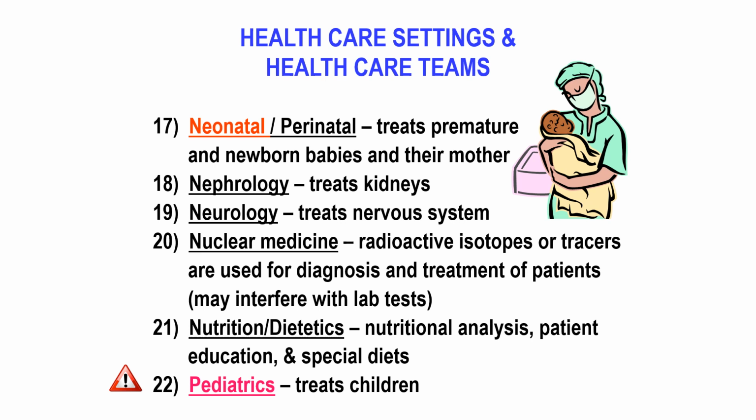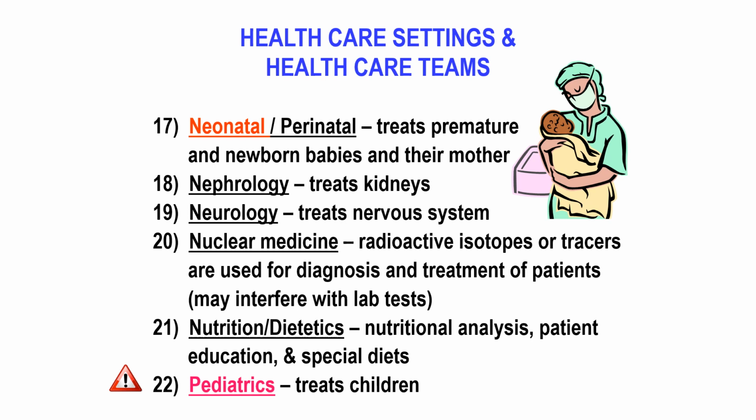Nuclear medicine, this is where they use radioactive isotopes and tracers. They're used for both diagnostics and treatment of patients. Again, though, because of these radioactive isotopes, these things can interfere with us getting the most accurate and reliable lab results, and we need to be aware of that. Then there's nutrition and dietetics.